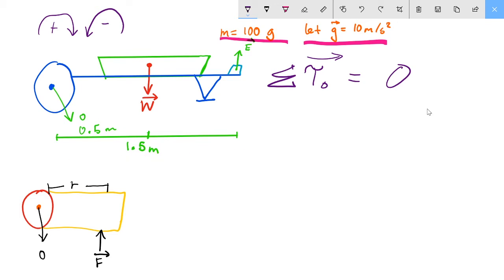There's no rotation, but we do know that there is a torque of E and there's a torque of W right here. Since the distance between W and point O is 0.5 and the distance between E and point O is 1.5, we can say that the sum of torque at point O is equal to torque 1 plus torque 2.